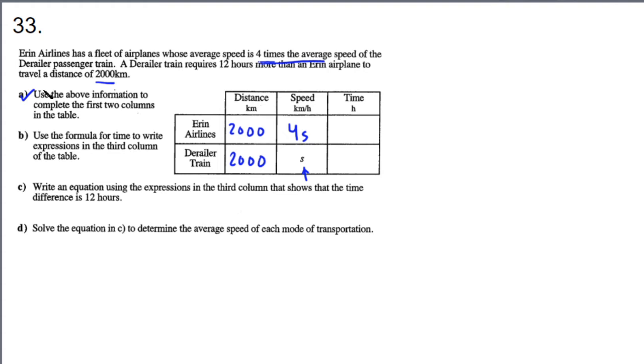In B, use the formula for time to write expressions in the 3rd column of the table. So this is an example of a problem that involves speed, distance, and time. So it's a speed, distance, time problem.